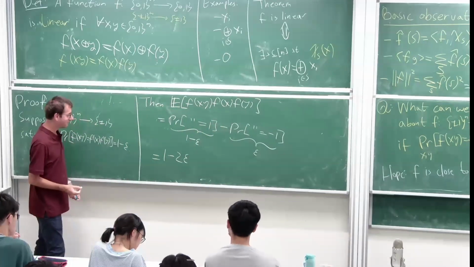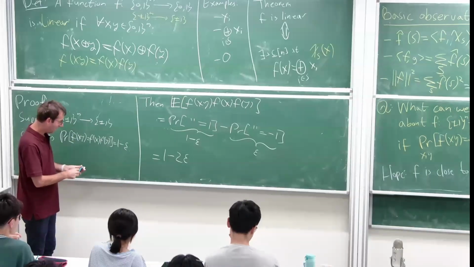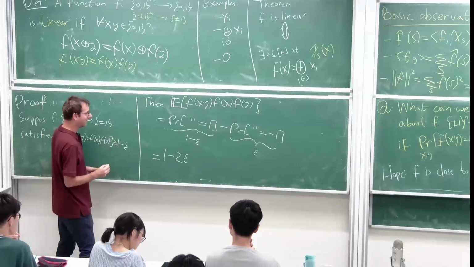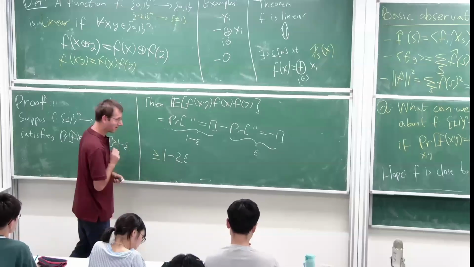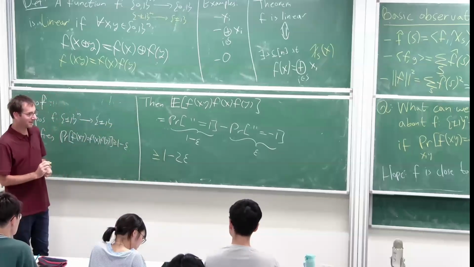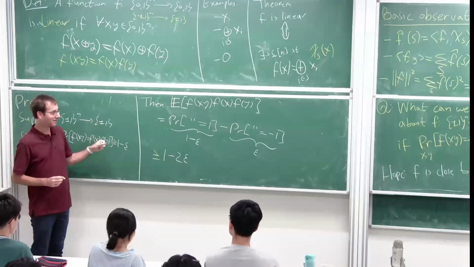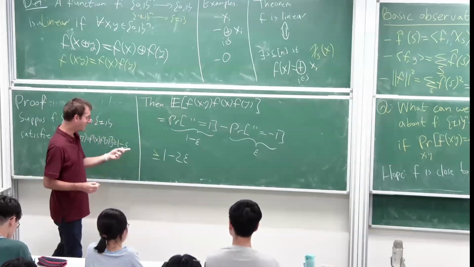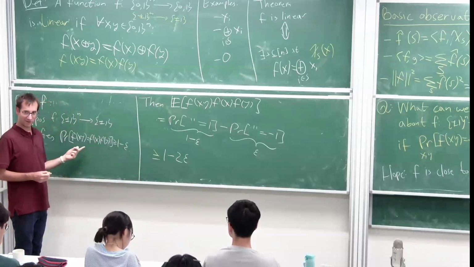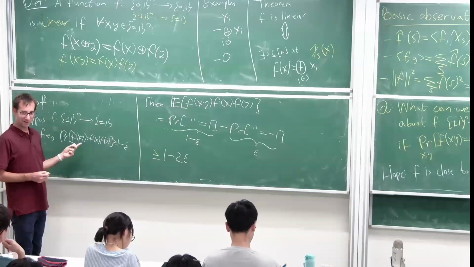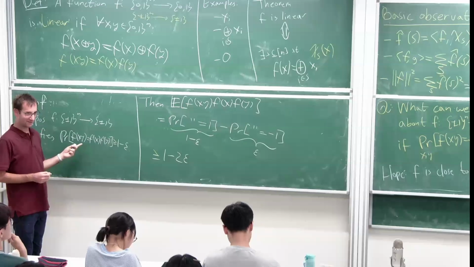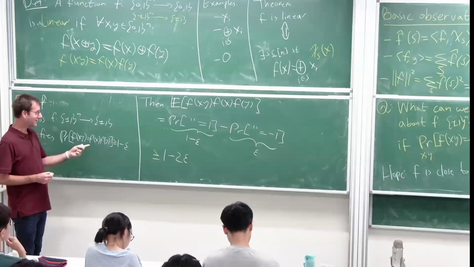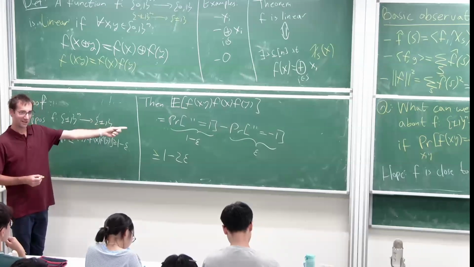And you should notice that this is entirely reversible. So if you knew that the expectation is at least 1 minus 2 epsilon, then this is the same as saying that this probability is at least 1 minus epsilon. And we will need this at the end. So we switch from a probability to an expectation, but it's really the same thing.